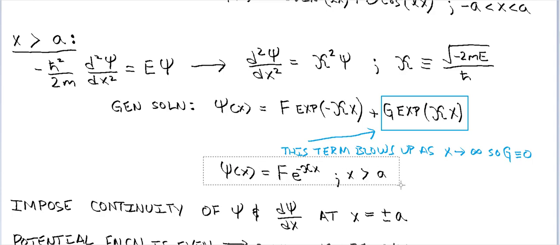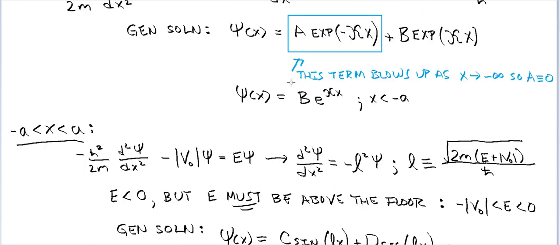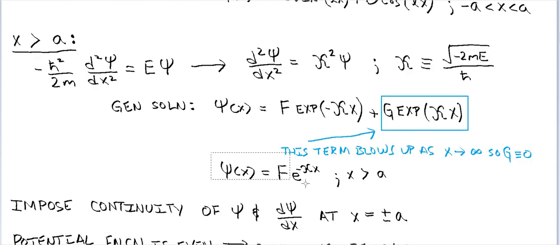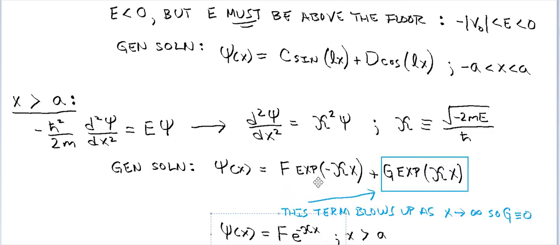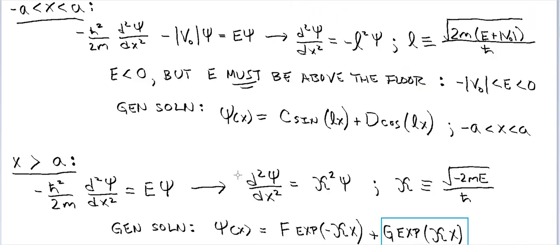And we wound up within region 3 that psi of x is equal to F e to the minus kappa x, right? So in region 1, we had psi went as B e to the kappa x. In region 3, we had psi went as F e to the minus kappa x. And in between, we still had to account for the non-zero potential.